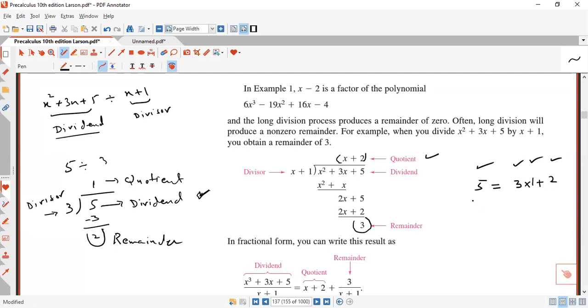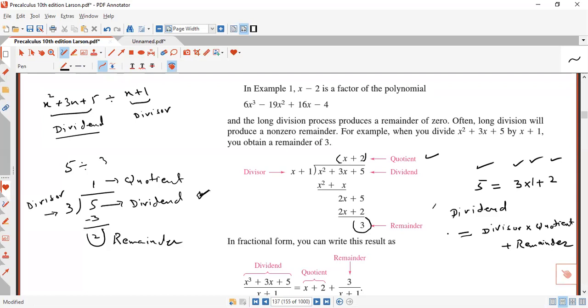This 5, the dividend, will always equal this 3 times 1. What is 1 here? 1 was your quotient. And what was this 3? 3 was your divisor, into quotient, plus remainder.